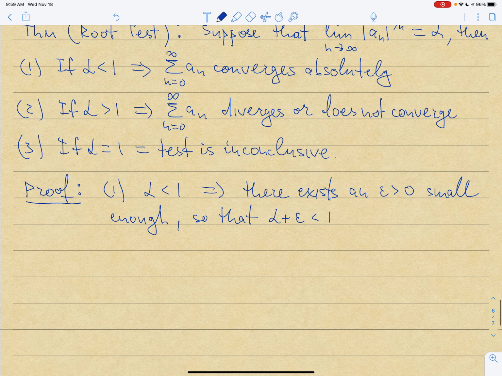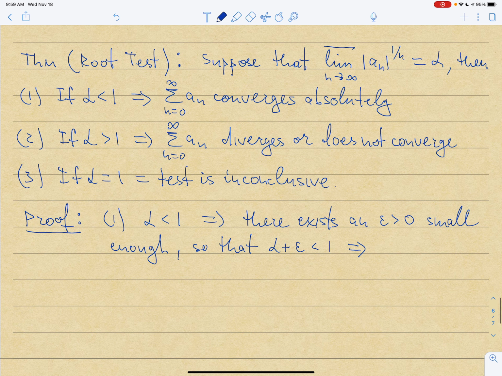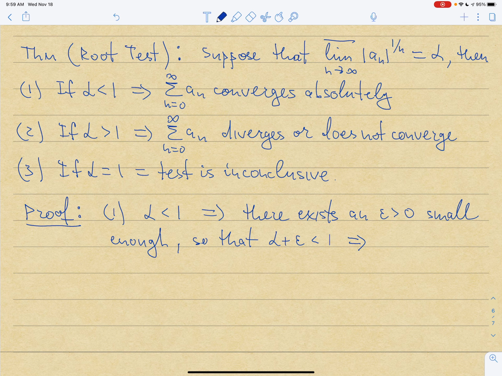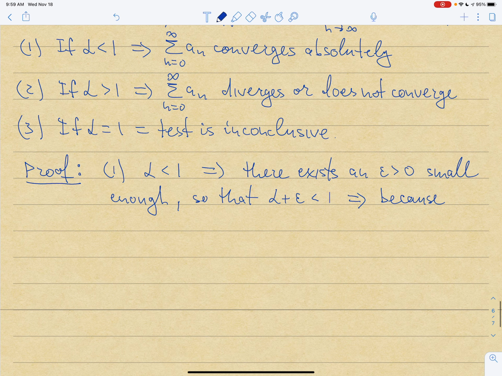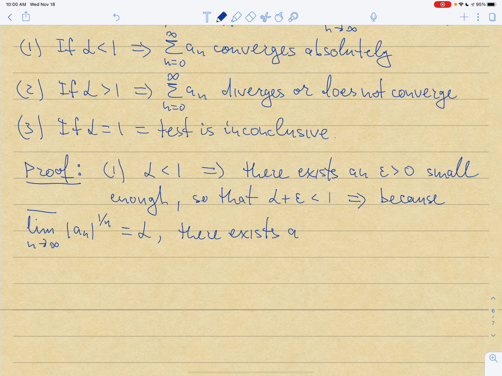Okay, so then what do we know? We know that, because the lim sup as n goes to infinity of absolute value of a_n to the power 1 over n is equal to alpha, if I use the epsilon that I just found here, there exists a capital N in R such that... now let's think about it for a moment.